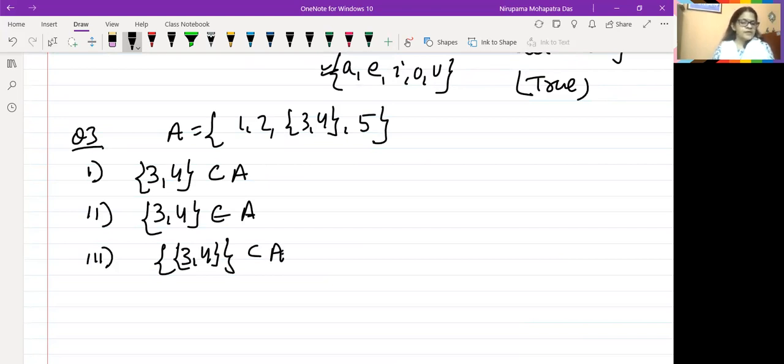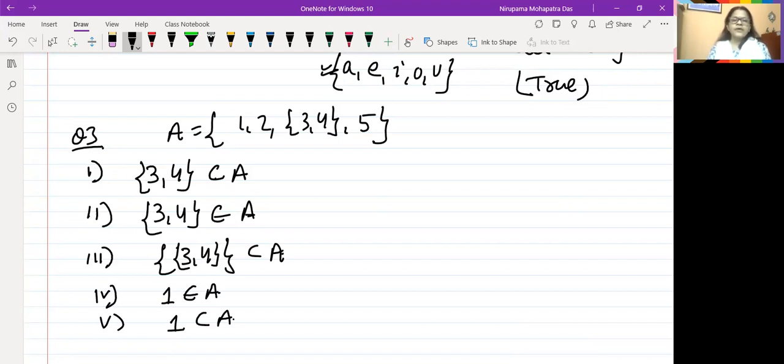Fourth part is 1 belongs to A. Fifth part is 1 is a proper subset of A. In the first case, {3, 4} is a subset of A. Is it correct?